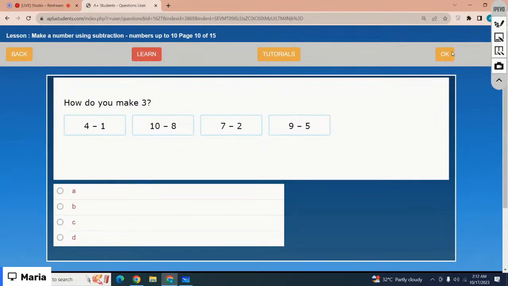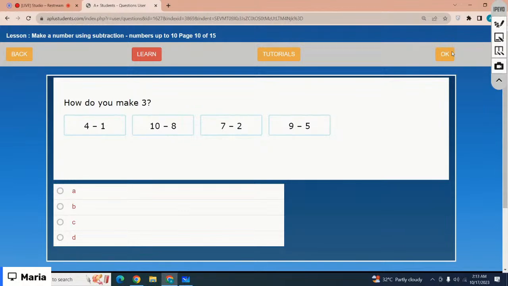How do you make 3? Which is the correct option? Which option is the correct one?